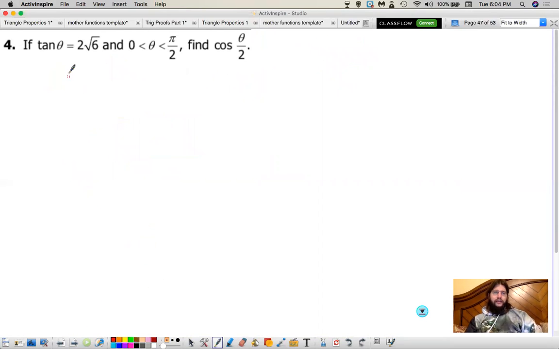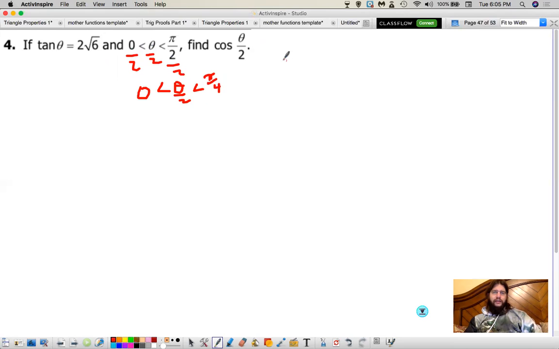All right. Tangent theta is equal to 2 square roots of 6, and theta is in the first quadrant, so obviously half of theta is in the first quadrant, right? If we divide all those by 2, we get 0 less than theta over 2 less than pi over 4.